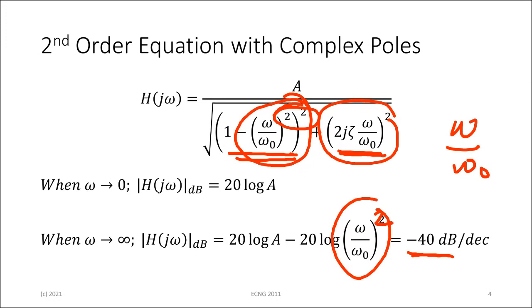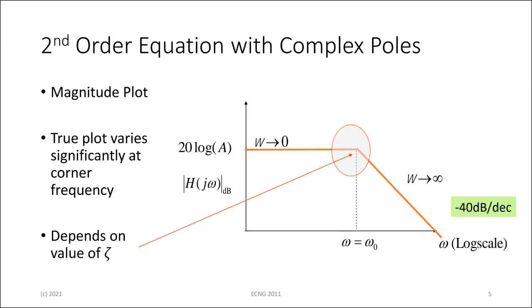So if I plot the straight line for this, I know that at omega much less than omega 0, the plot is a straight line at 20 log a. When omega is much greater than omega 0, it's decreasing at minus 40 dB per decade because it's a second order transfer function. If it was a simple second order transfer function, then we could draw the two lines here, and that is our asymptotic plot right there.